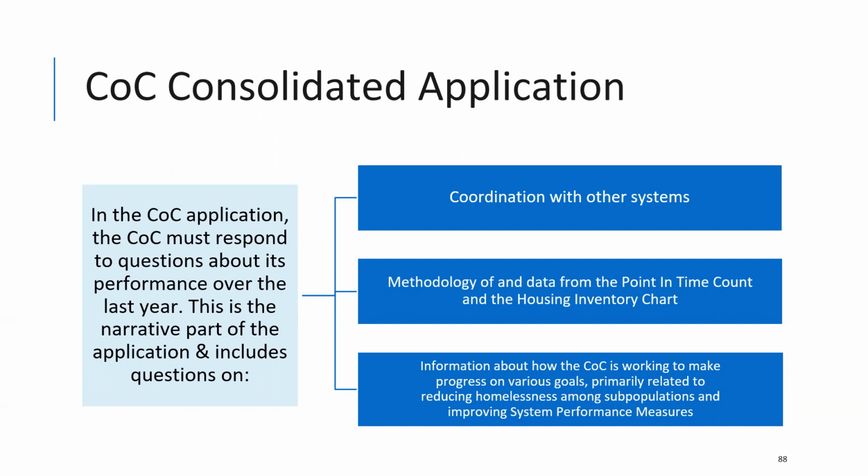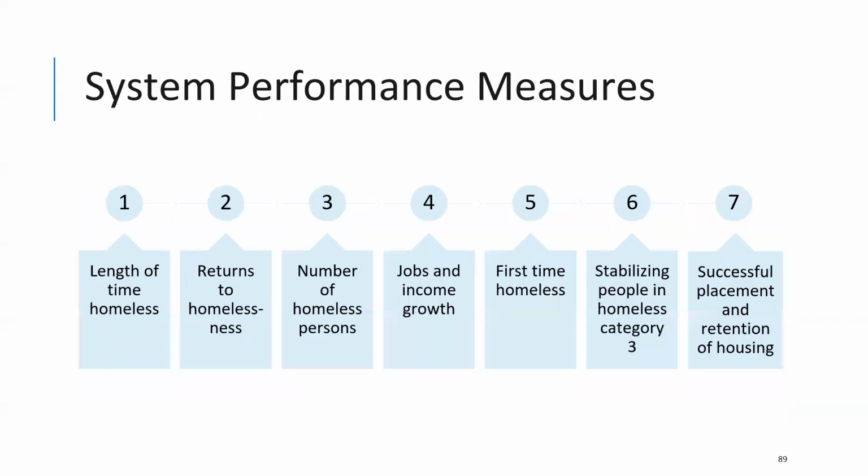A lot of how the CoC application is scored is data-driven, specifically looking at the data from the CoC system performance measures. We'll talk more about that in the upcoming slides. So the system performance measures are used by HUD to really look at how CoCs are performing year over year in addressing homelessness.